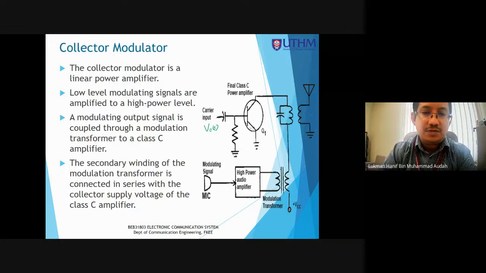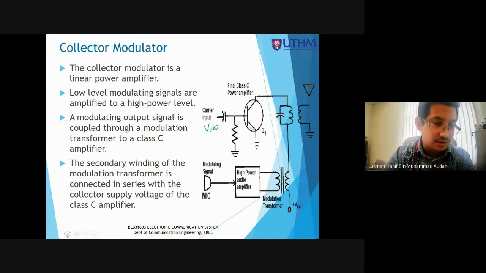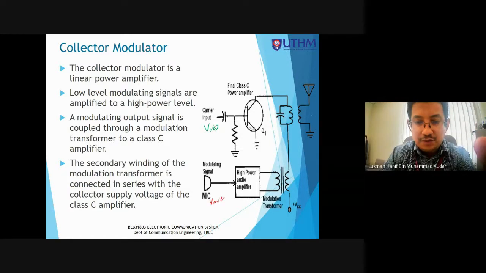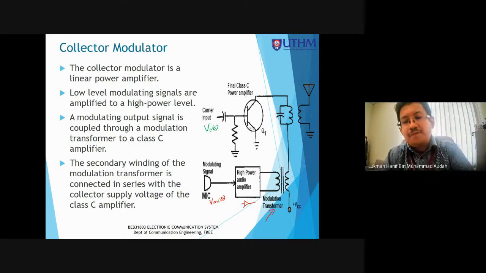Dan kita ada another one is a VMT over here yang disambung kepada amplifier. Okay, high power audio amplifier. Dan di sini ada transformer. Okay, so this transformer is connected to the VCC over here.